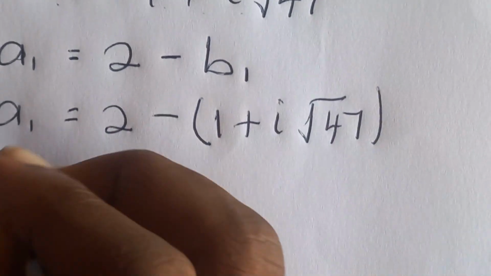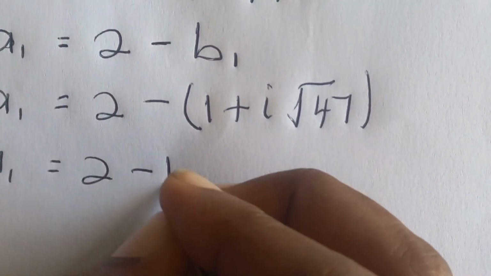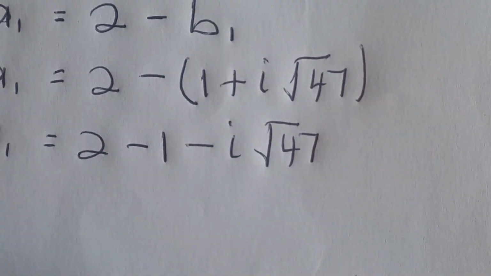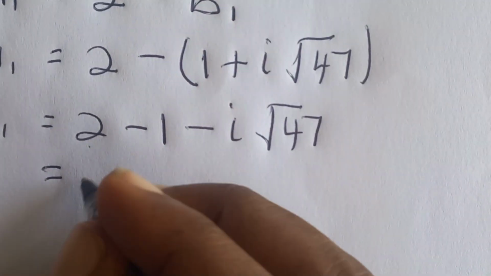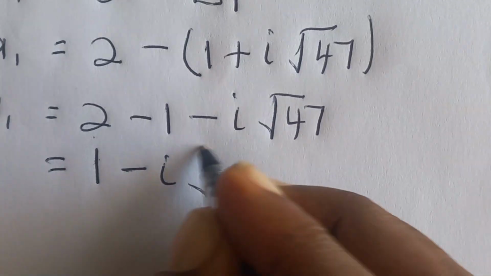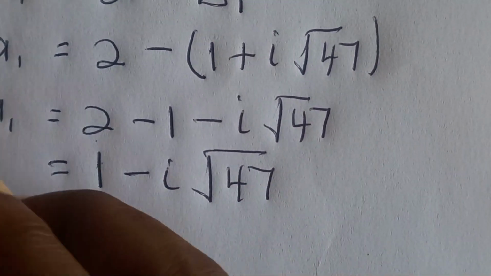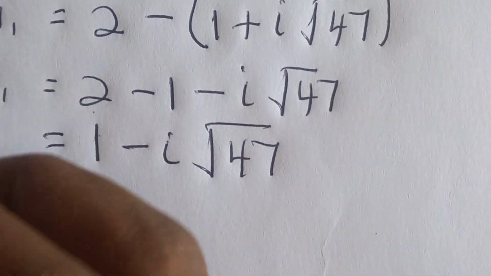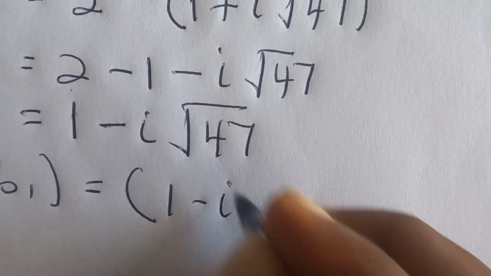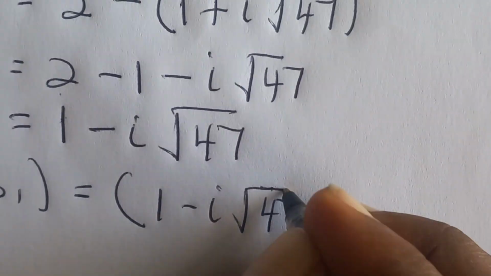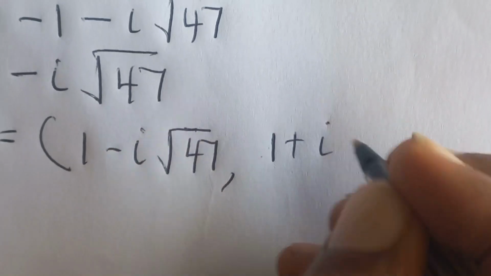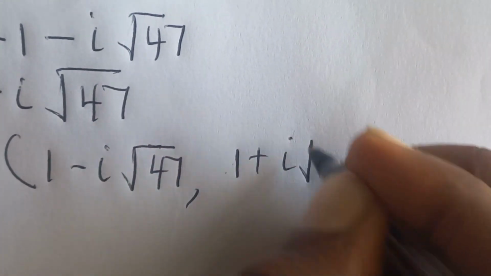So our a1 is equal to 2 minus 1 minus i root of 47, which is equal to 2 minus 1 is 1, minus i root of 47. Okay, so our a1, comma b1 is equal to 1 minus i square root of 47, comma 1 plus i square root of 47.